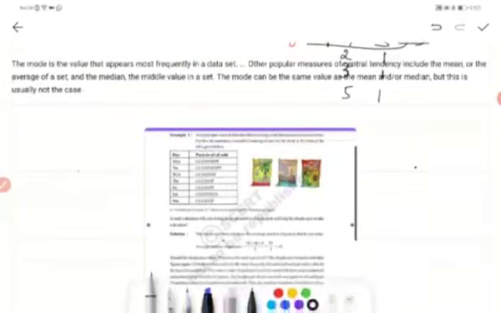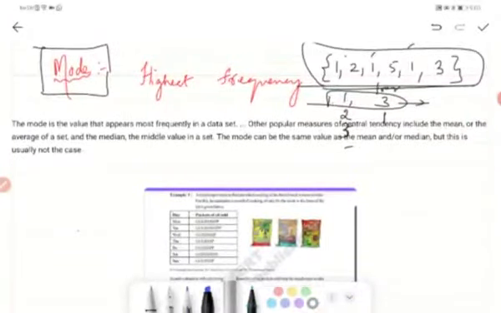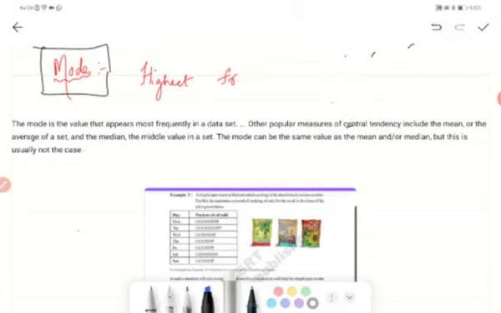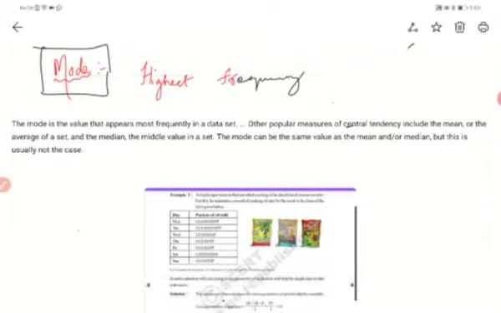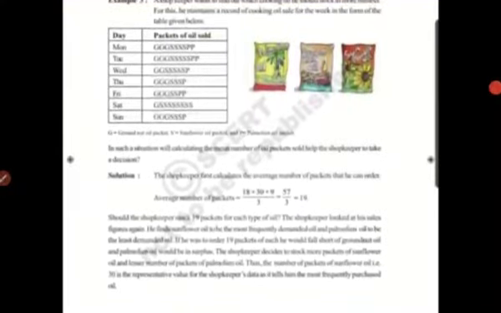So in exactly what scenario does the mode represent the total data? Let me show you this. I have a shopkeeper who has three types of cooking oil for sale.